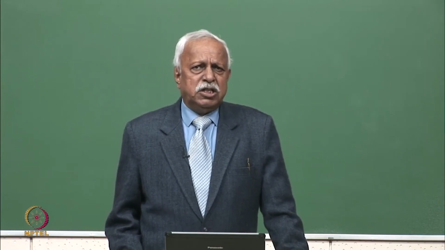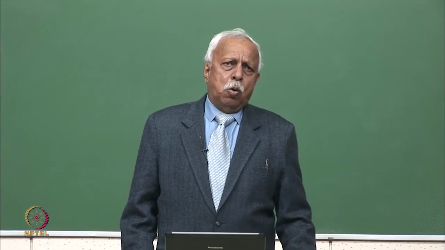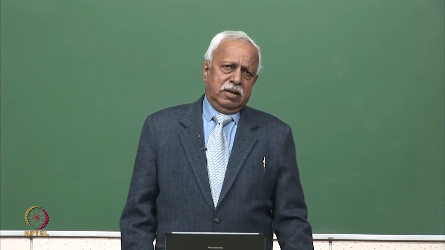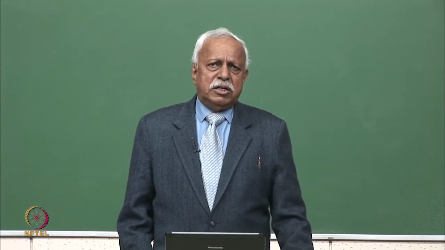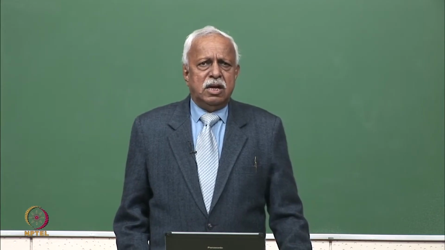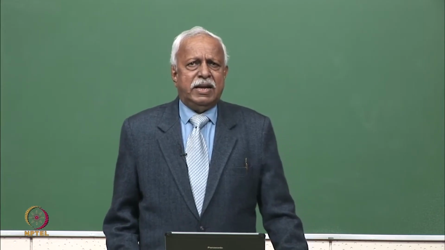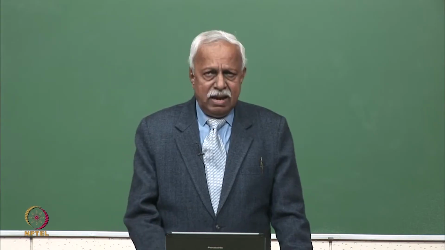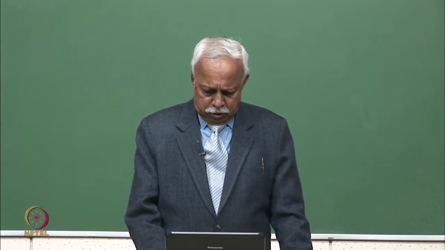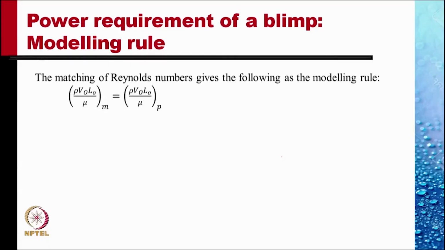This is possible because there is only one pressure, so the pressure difference is not defined a priori. So we begin with 1/2 rho V naught square. The matching of Reynolds number gives the following as the modeling rule. The value of the Reynolds number in the model and in the prototype should be identical.